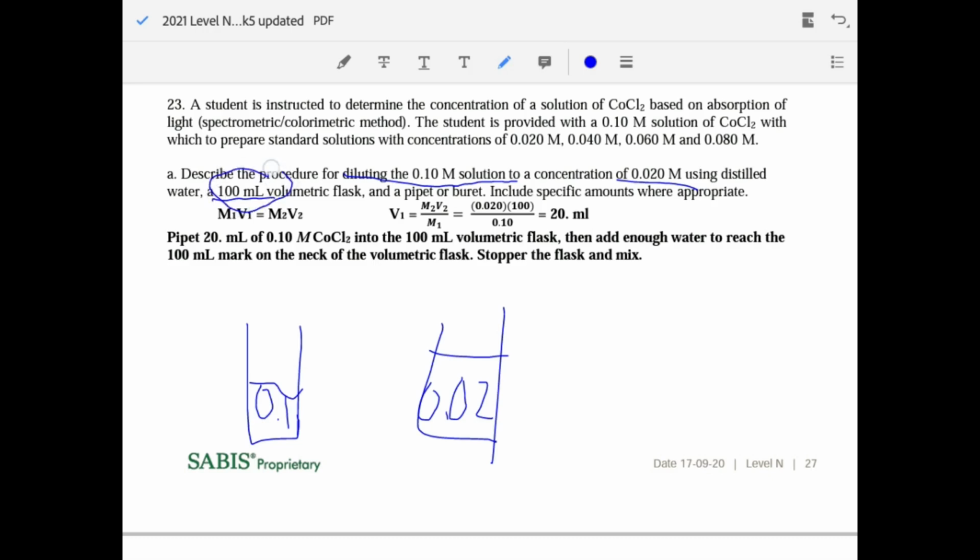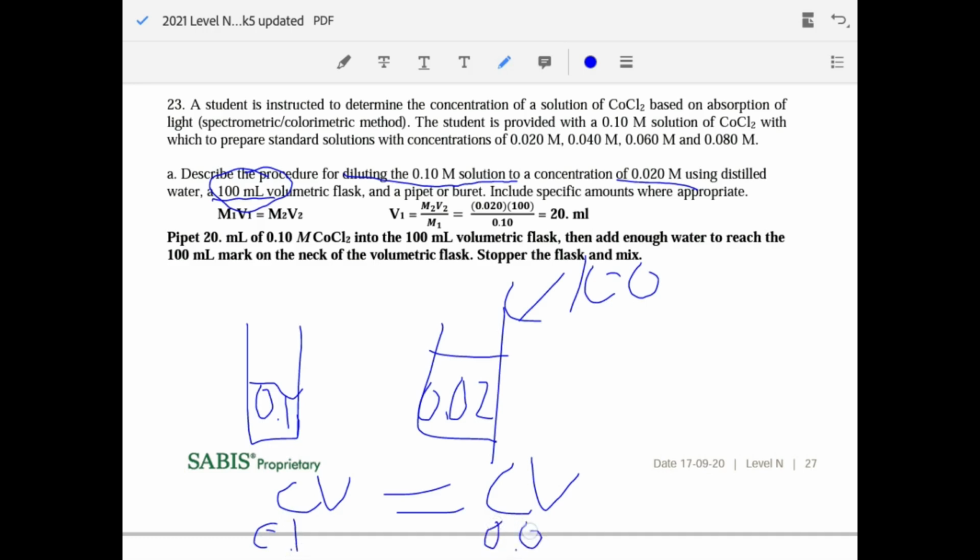Since it's 100 milliliter, it's best to just use this 100 milliliter. So C1V1 equals C2V2. So 0.1 times V equals 0.02 times 100. Okay. So this is 2, this is 0.1, so you multiply it by 20. So this is 20 milliliters. And that's A.